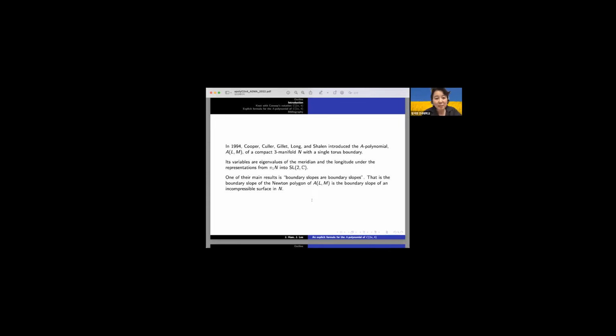One of their main results is that boundary slopes are boundary slopes. That is, the slope of the Newton polygon of A is the boundary slope of an incompressible surface in N.